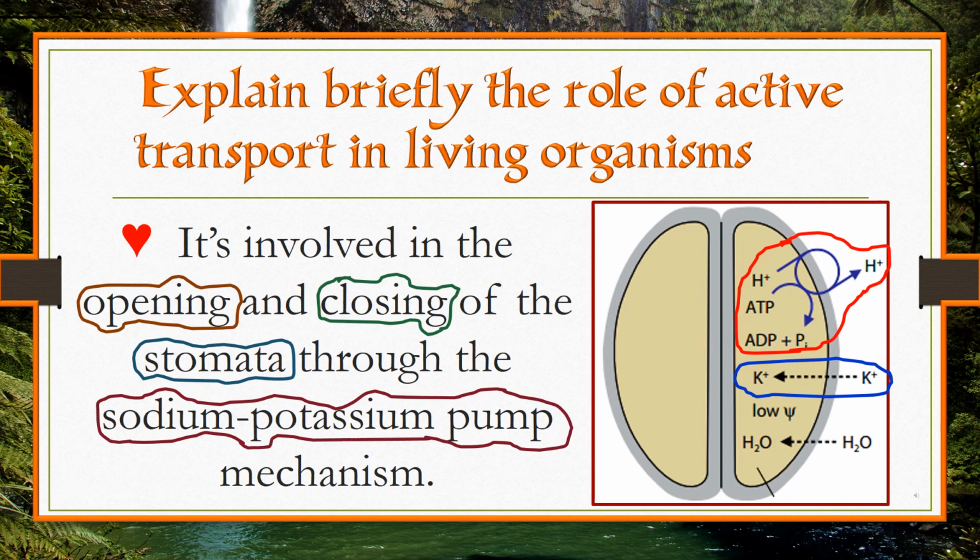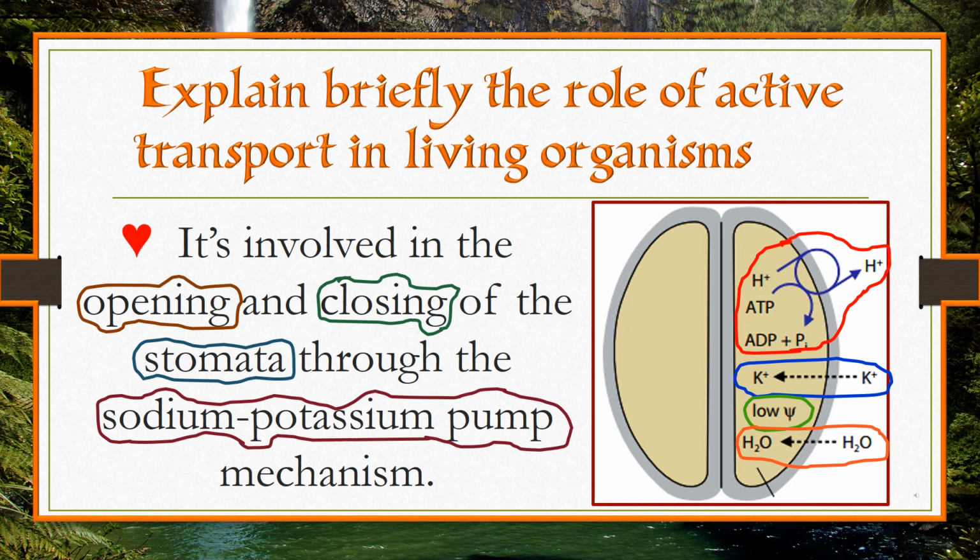When the potassium concentration increases in the guard cell, that is going to reduce the water potential inside the guard cell. And when we have low water potential in the guard cell, that is going to cause water to move from a region of high water potential into the guard cell which has got low water potential.